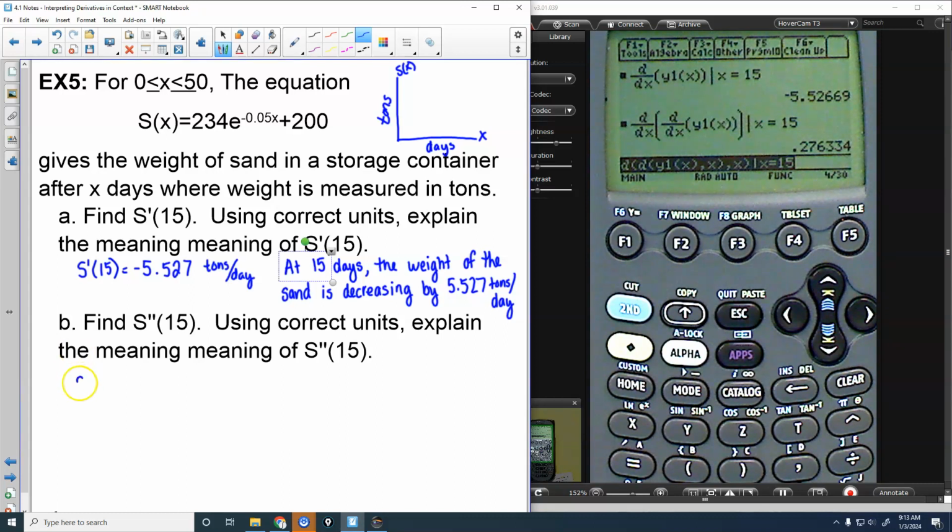So everybody try that one. I'm going to walk around and make sure you've got it, because that one's a little trickier to get typed in correctly. You need another comma x in between those two parentheses right there.